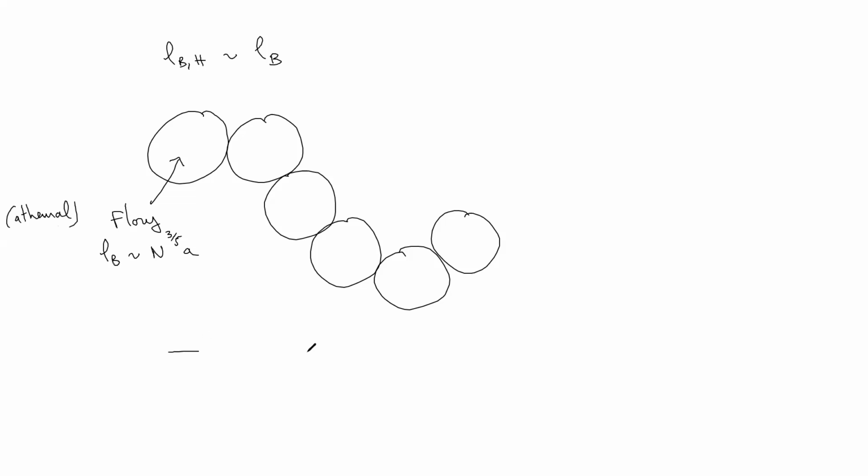And outside, you have ideal statistics. That's for the statics. And for the dynamics, here inside, you have the Zimm behavior, okay? And on the long scale, you have Rouse.